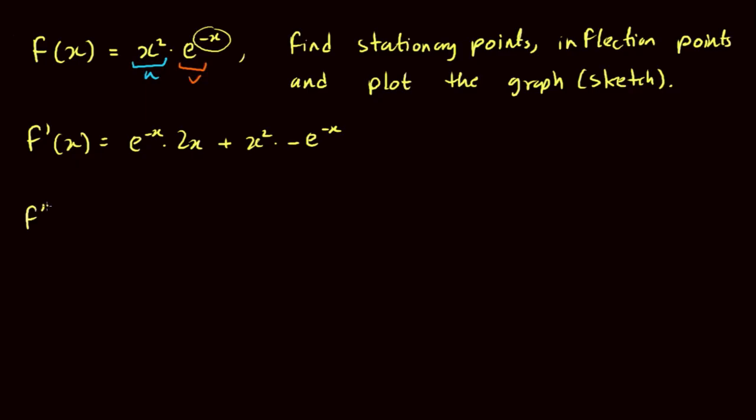Then for your second derivative, it's going to look something like this. Of course, you have to use the product rule again. So the 2x term gives e to the power of -x times 1 plus x.